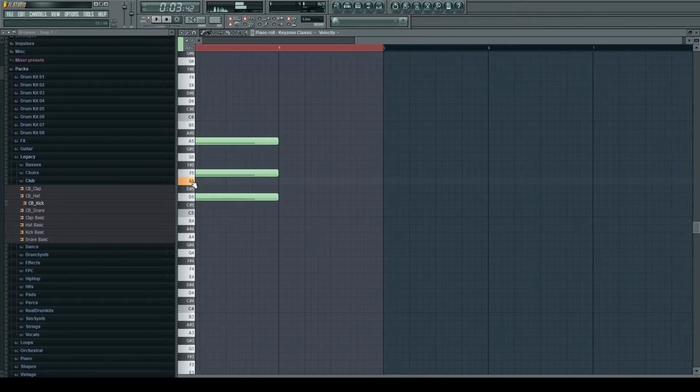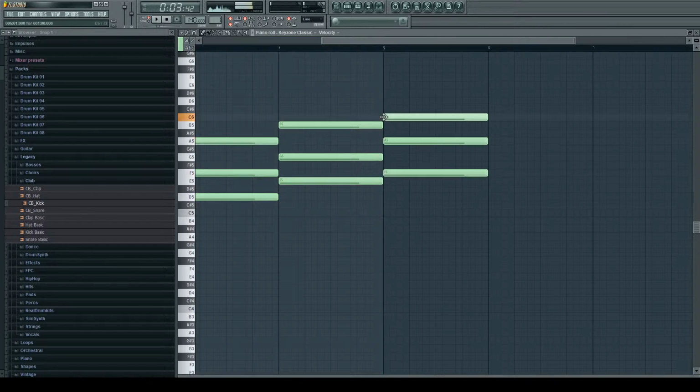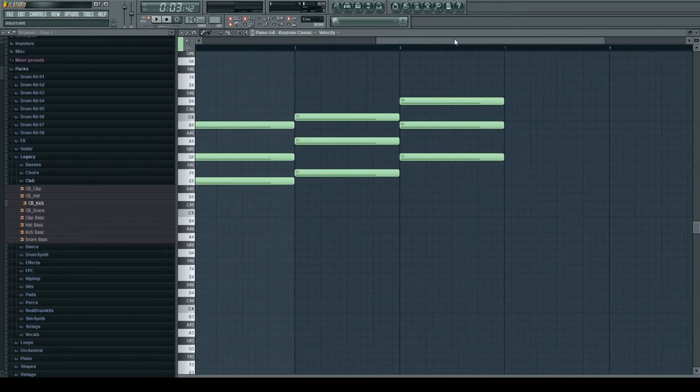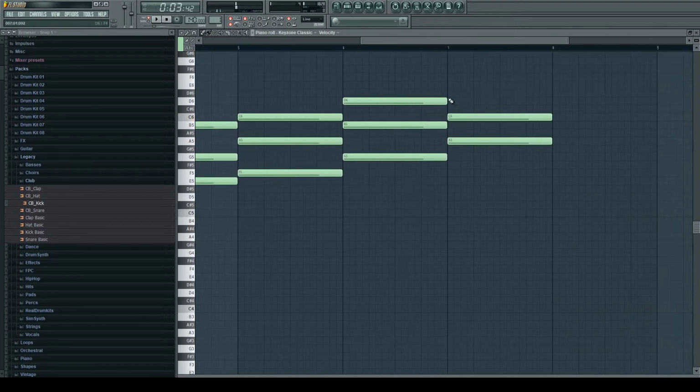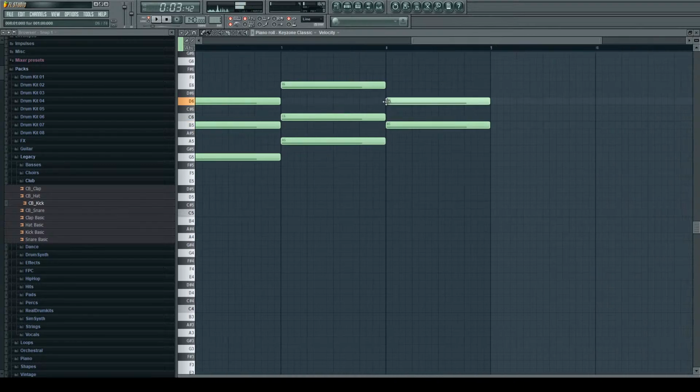Alright, then E. Same thing. What's the third note? That would be G. From E, count up 5. That would be a B. Same thing again on the F, right? And then on the G, same thing. And these are probably the basic block chords that everyone's using.